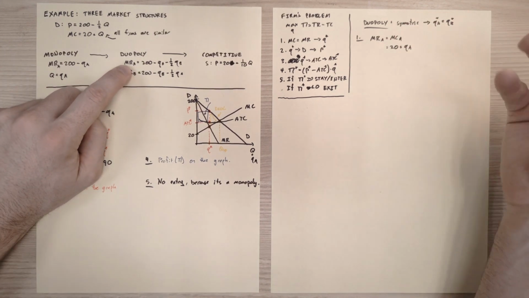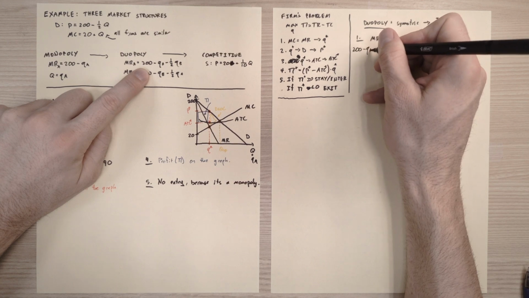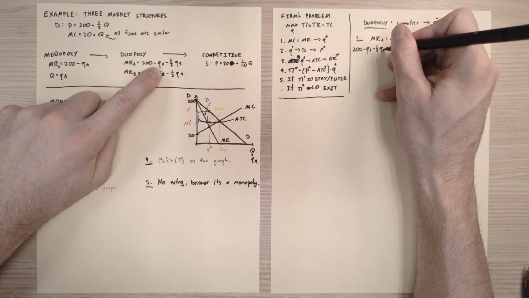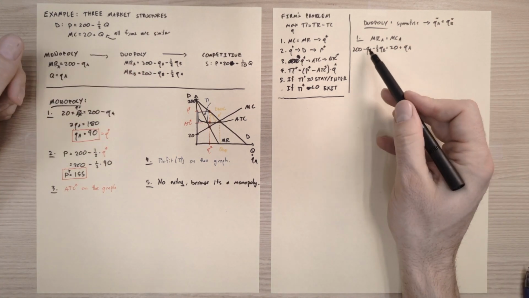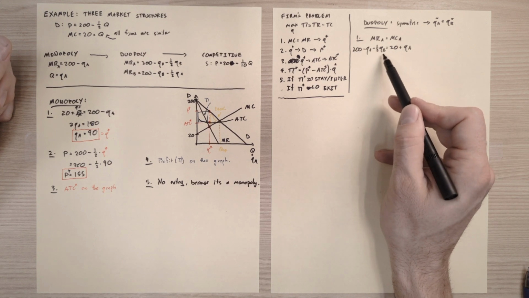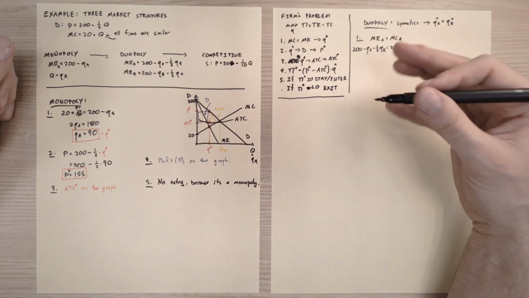But then marginal revenue A is 200 minus QA minus 1/2 QB. So the complexity here, the reason this is game theory, is we have strategic interaction. My payoff, what I should do, depends on what you're doing. So all we're going to do is solve for QA in terms of QB.